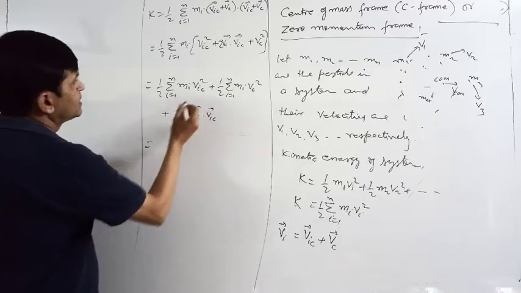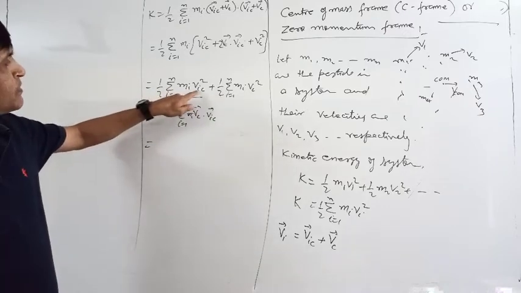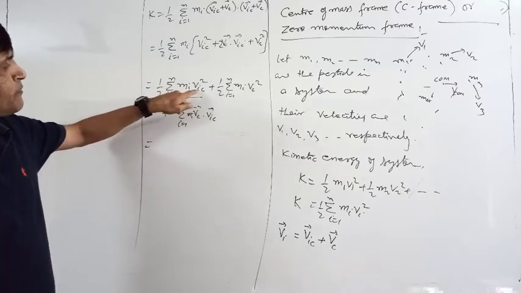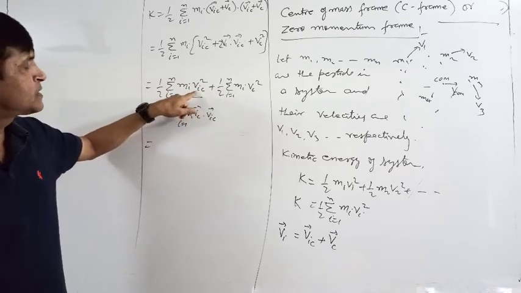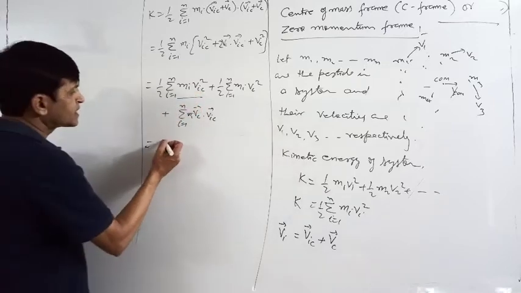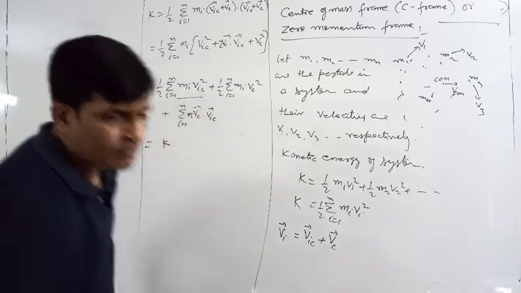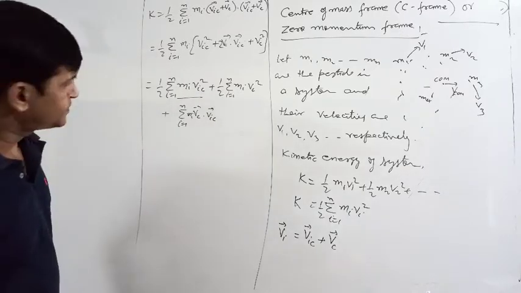Further, what is this? This is the summation of kinetic energy of all particles with respect to center of mass, because this is the velocity of the ith particle with respect to center of mass. So this is the kinetic energy of the system with respect to center of mass.